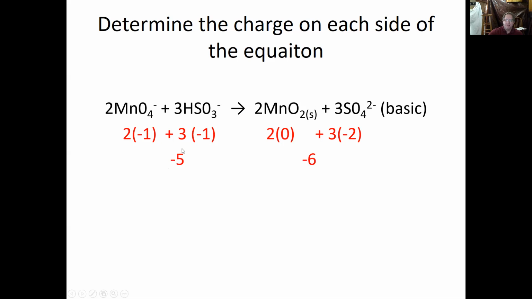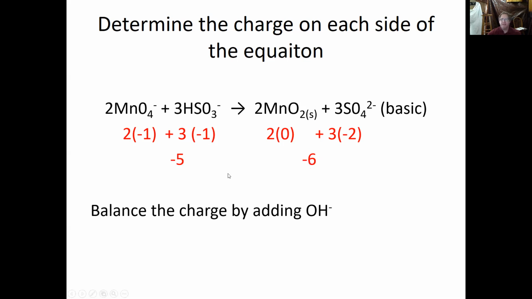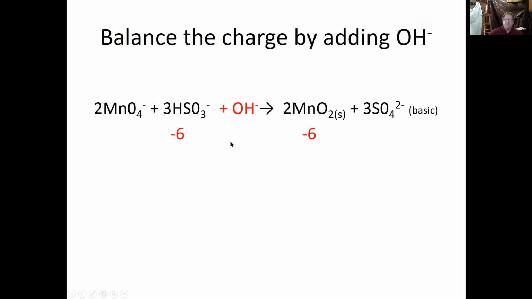So if I look at it, this side has a -5, this has a -6. Because it's basic, I'm going to add hydroxide, okay? And it's negative. I have a -5 and a -6. I need to add a hydroxide to my left side. Okay. So now I have a charge balance on both sides.